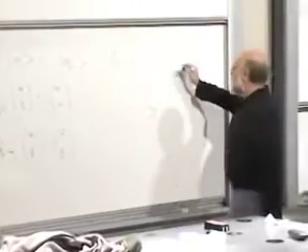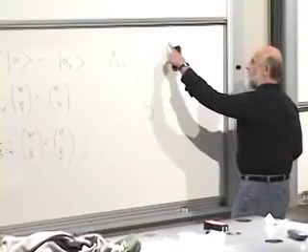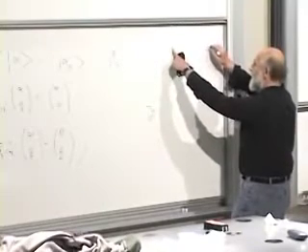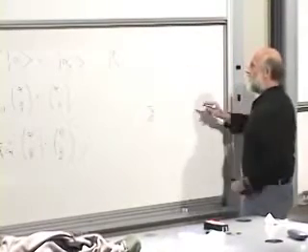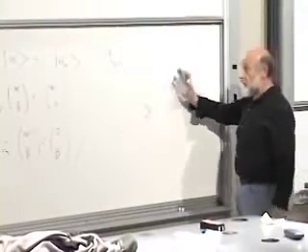Let's check that. Suppose that acts on alpha beta. What does it give? It gives 1 times alpha and 0 times beta. 0 times beta, okay? So that's true.